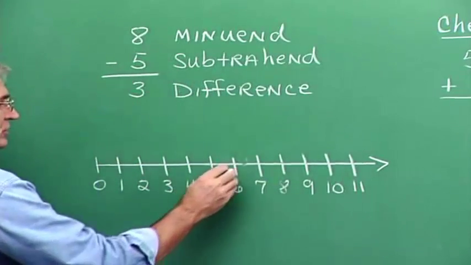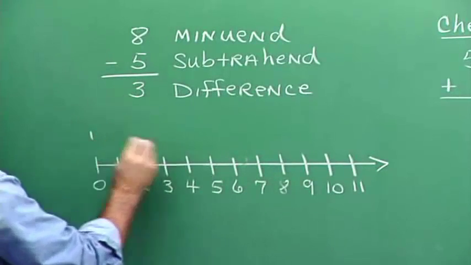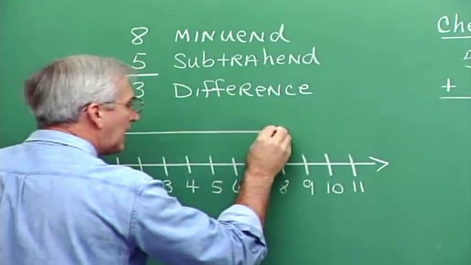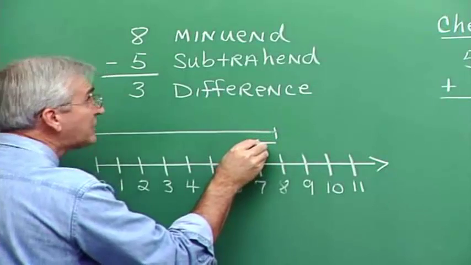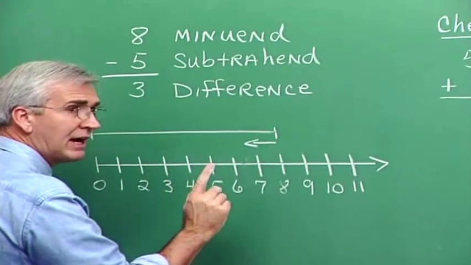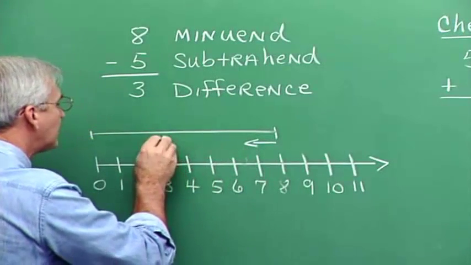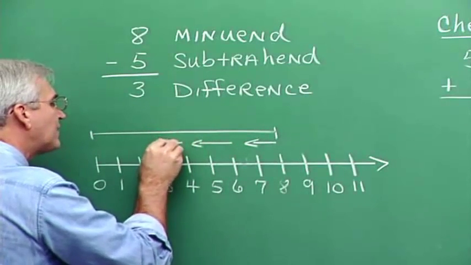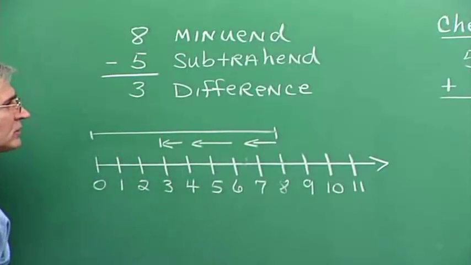So we take the minuend, that's this distance up to 8, and then let's come back in this direction a distance corresponding with the subtrahend. So we'll march back 5 units: 1, 2, 3, 4, 5. And where do we end up? We end up at 3. You see, just 2 ways to use the number line.